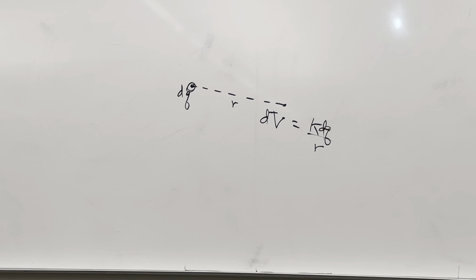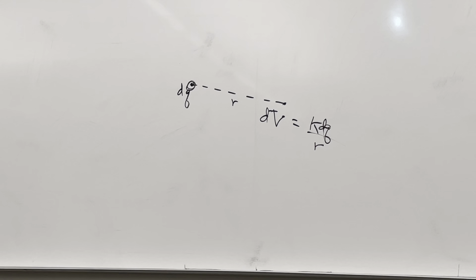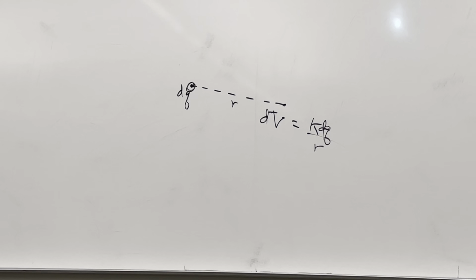But what does this mean? You may know how to evaluate that, but what does it mean? The integral is the sum of all the dq's. If I add up this dq to the next dq, and all the way around, what will be the sum of all those charges? The total charge, capital Q. So the electric potential is given by k Q over r.